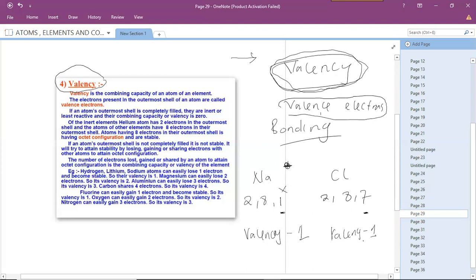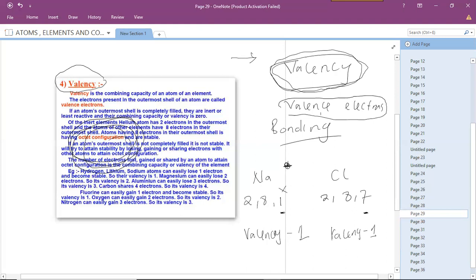So valency is the number of electrons that an element has to lose or gain to have a stable electronic structure. What's a stable electronic structure? The octet configuration. You need 8 electrons or 2 electrons in your outermost shell.